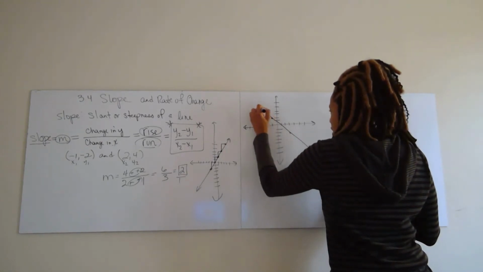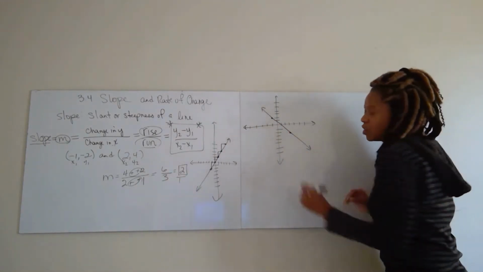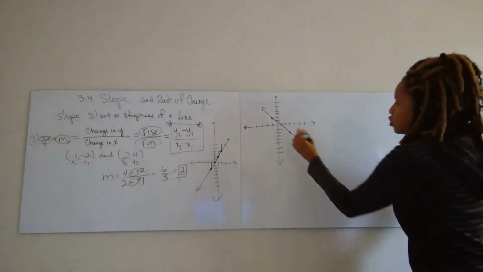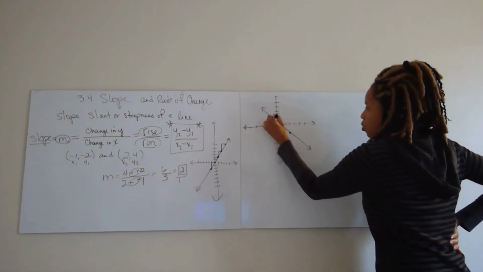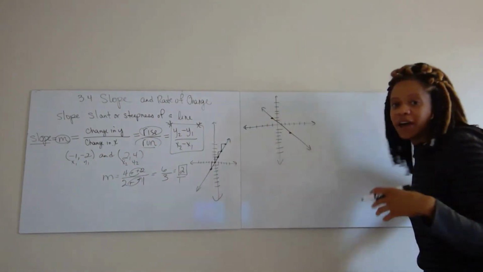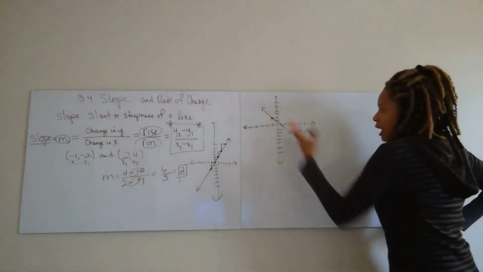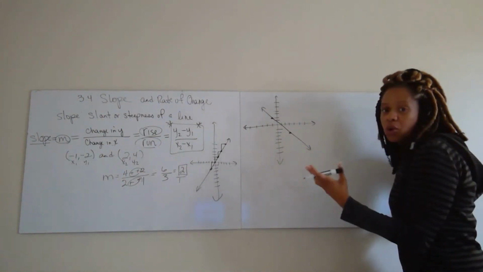Let's say instead of giving you the ordered pairs, they give you the graph with two points bolded. So you have the line, and then you have to find the ordered pairs yourself to find the slope. So given a line, you identify your own ordered pairs.